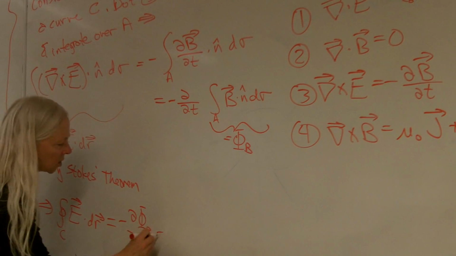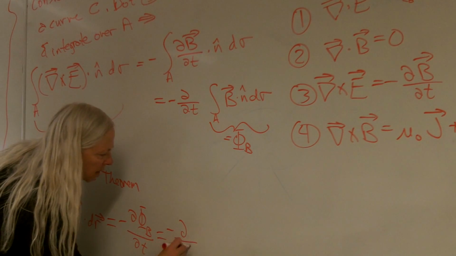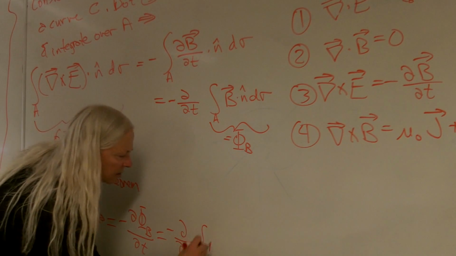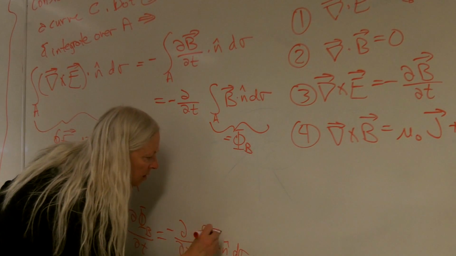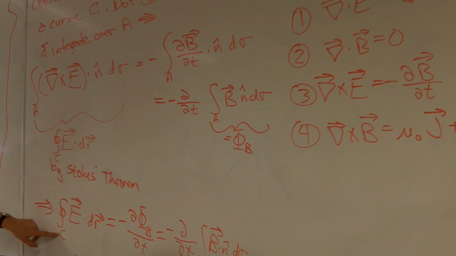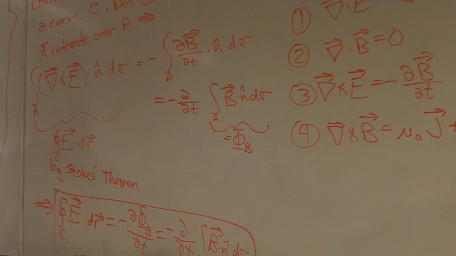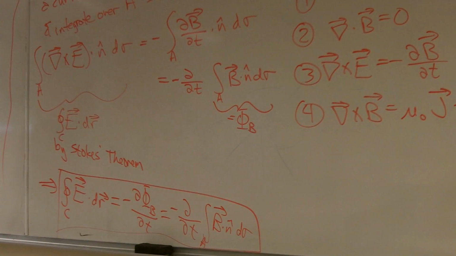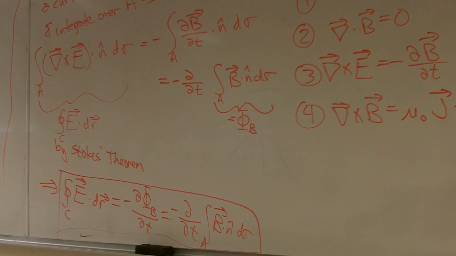Or to write it out, this is minus the derivative with respect to time of the integral of B dotted into n hat d sigma, integrated over the area whose boundary I'm integrating over on the line integral on the left-hand side. So that's Faraday's law. That's the integral form of Faraday's law. That's the third one of Maxwell's equations.